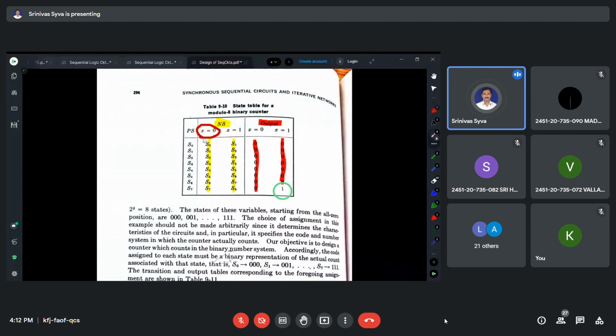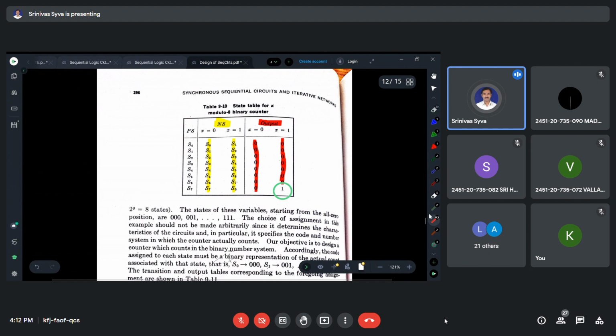X equal to 0 means no pulse has been received, so no event took place. Only after 8 events will the output be made 1. So for present state S0, the next state is also S0.